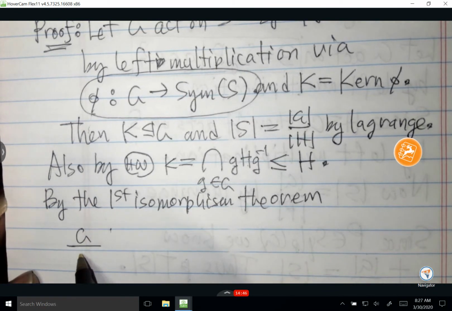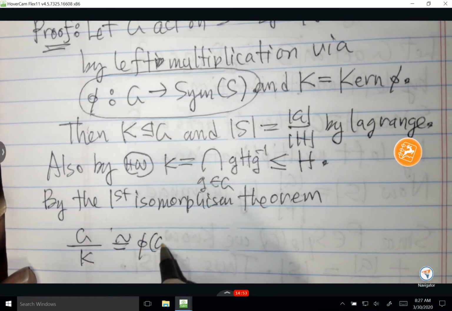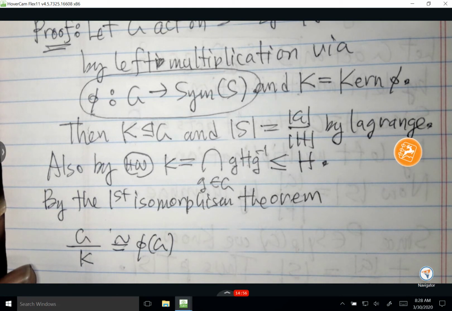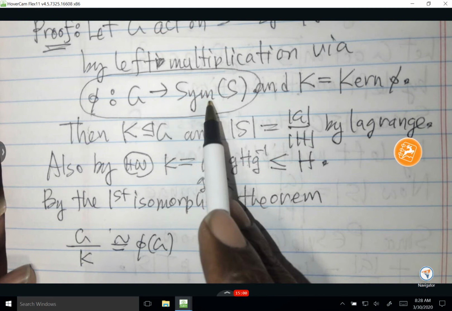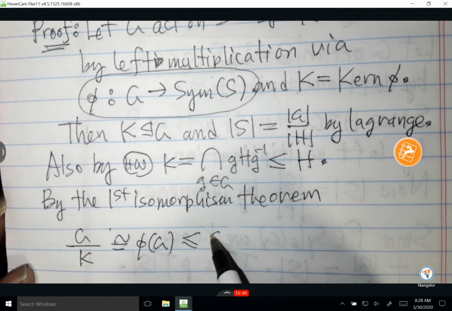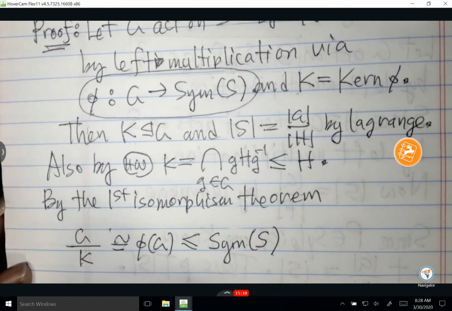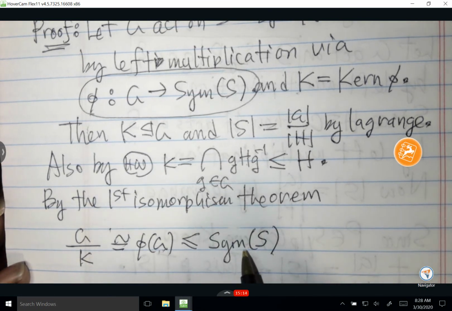G mod the kernel of the homomorphism, which we've called K, is isomorphic to the image of G. Now the image of G lives in the group Sym S. So that's a subgroup of Sym S, because the image of a group under a homomorphism is a group.